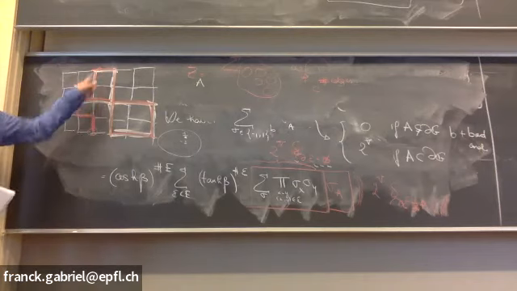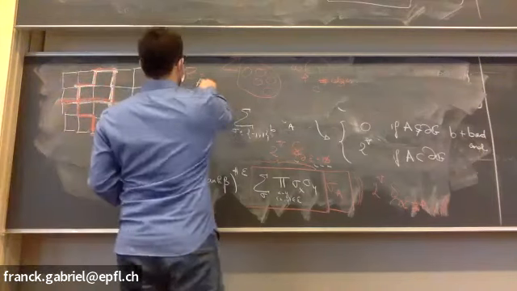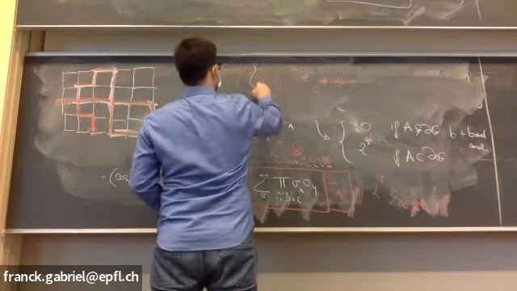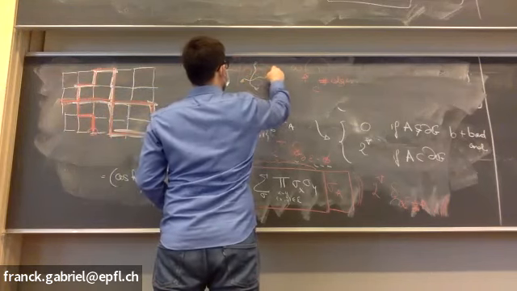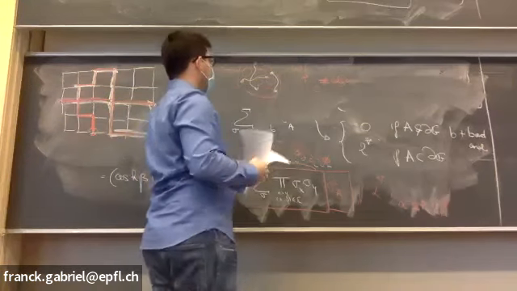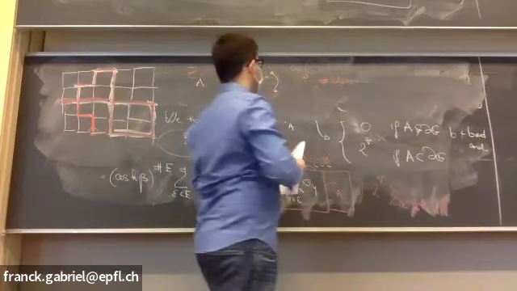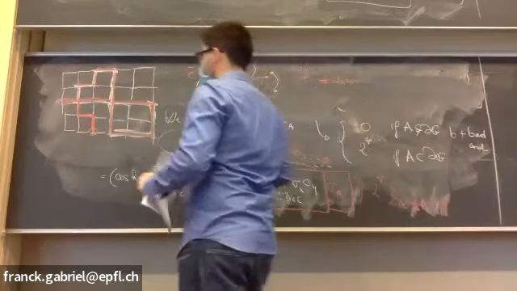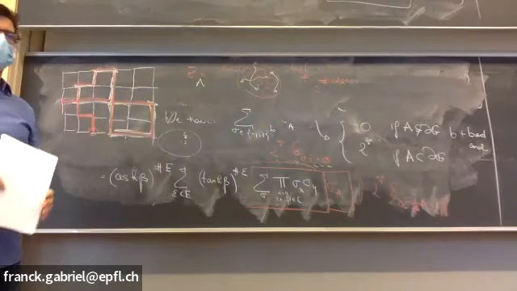It looks like a bunch of loops and a path from here to here. So when you have Z_A, what you will have is the sum of things which look like this: a bunch of loops, paths which connect the different points in A, and again C to the power of the number of edges. This is in the case of the free boundary condition.